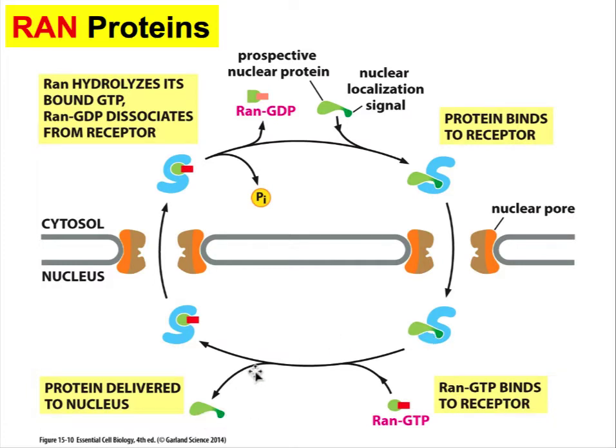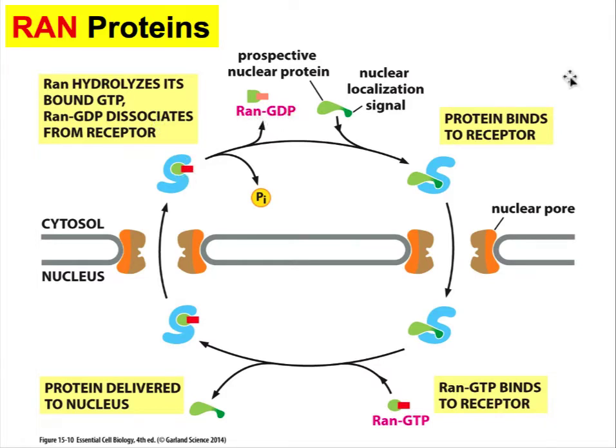And that results in that protein being released. So the protein is picked up here in the cytosol and released here in the nucleoplasm. The exchange of RAN GTP is very important in causing this conformational change that releases this carrier protein. The receptor protein then returns to the cytosol to pick up more cargo, but it first has to dislodge the RAN GDP.